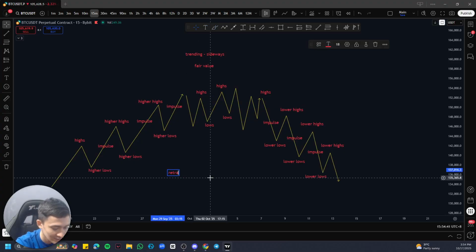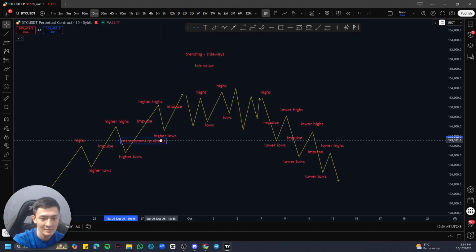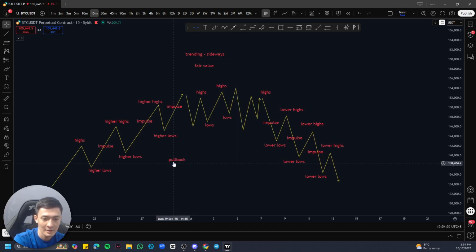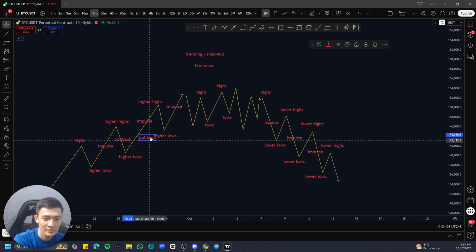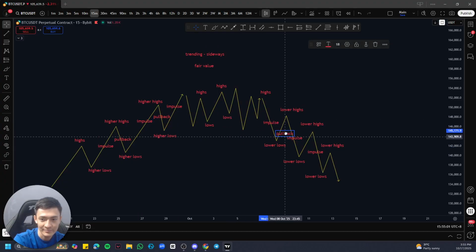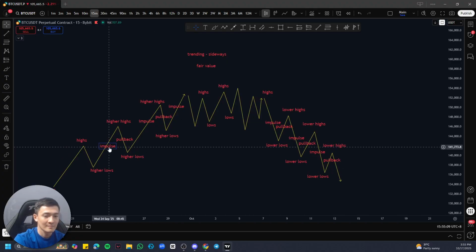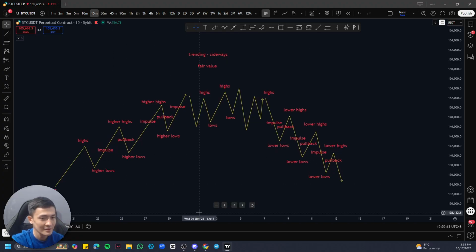This is what we call a retracement or a pullback. The pullback is the shorter move that goes in the opposite direction. So impulse is the continuation of the trend. Pullback is the retracement of the trend.